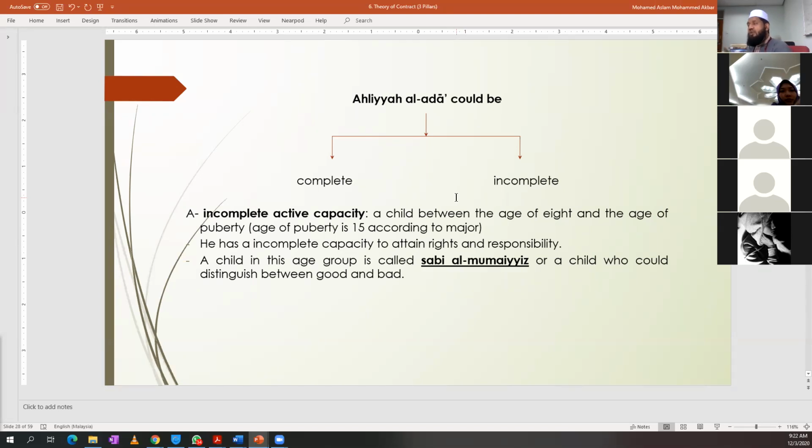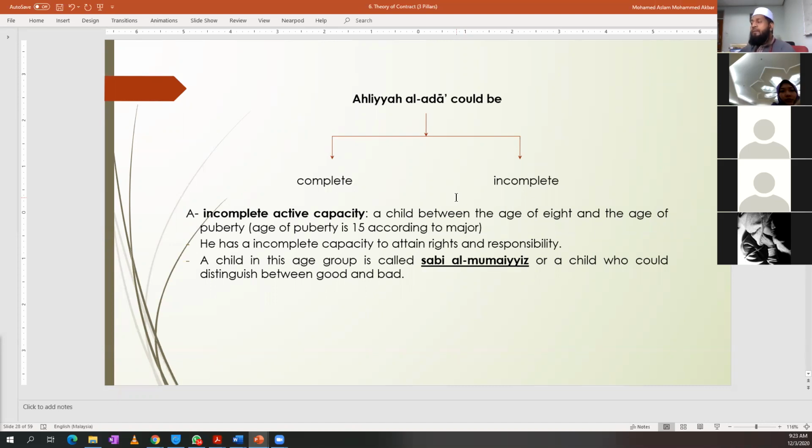This child, the Mumayyiz, who can distinguish between good and bad, knows the transaction and understands it. The child under 5 cannot do anything, but the guardian will do it for him.